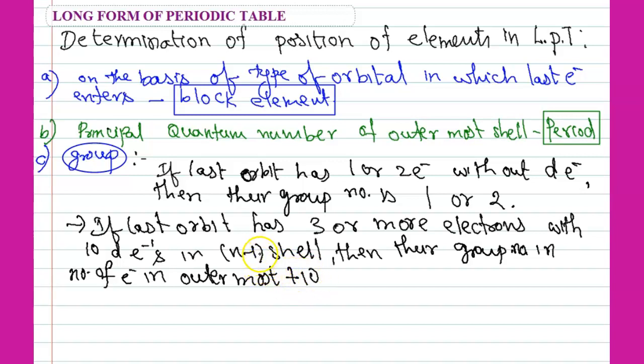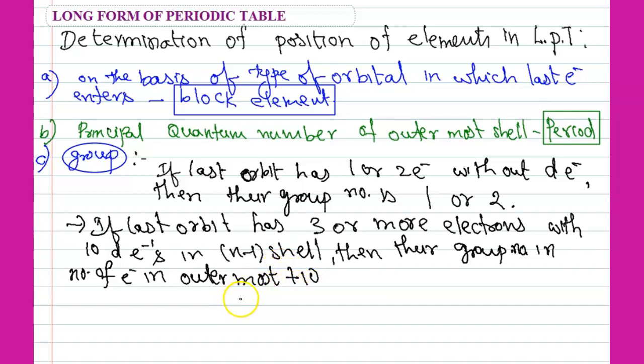Suppose 3 or more electrons are present in the d subshell, then the number of electrons in the outermost shell plus 10 is the group number.